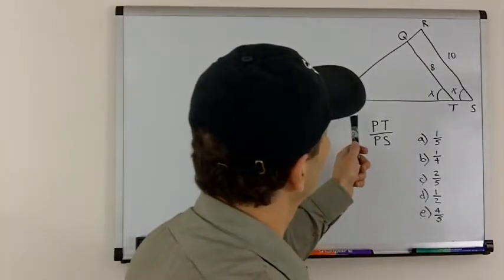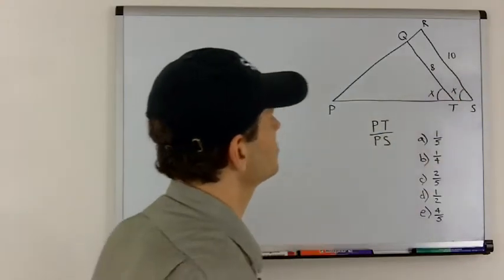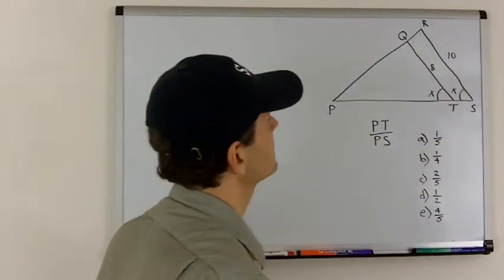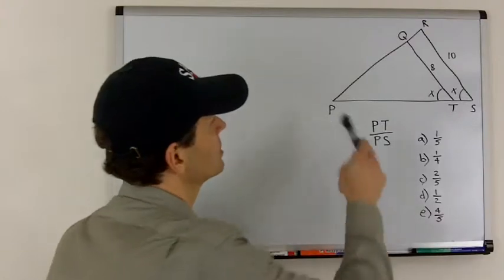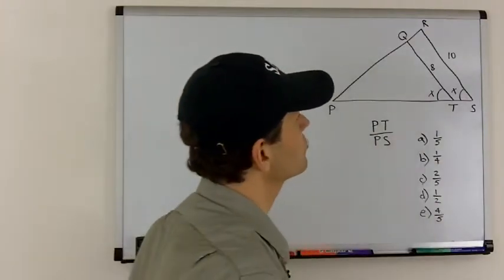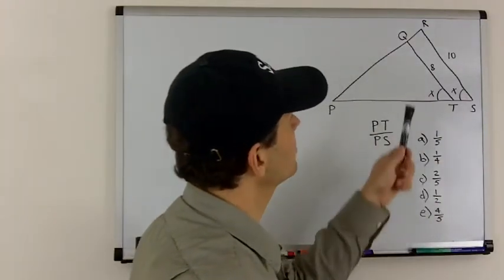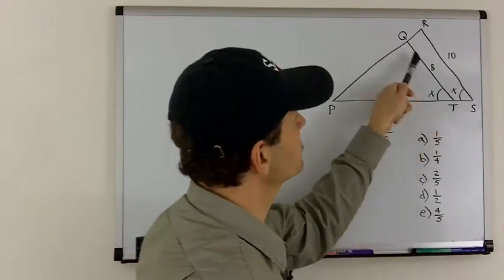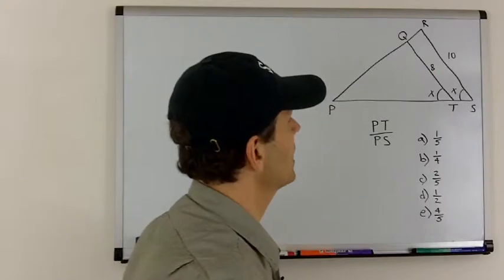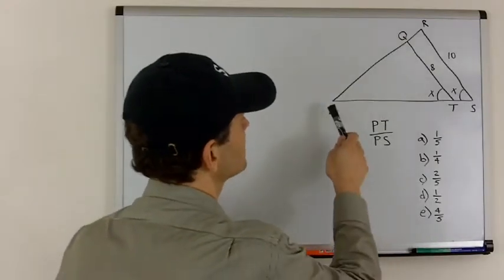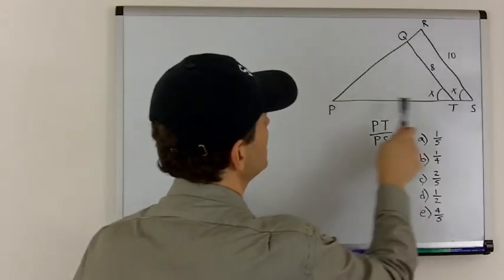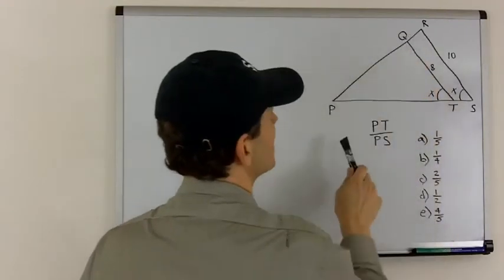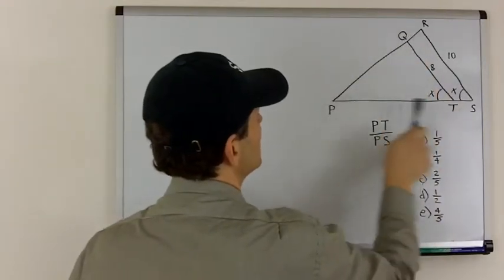Well, what we can do here is take a look at the figure, and we can realize that what we have are two sets of similar triangles, okay? And those two similar triangles are PTQ and PSR.